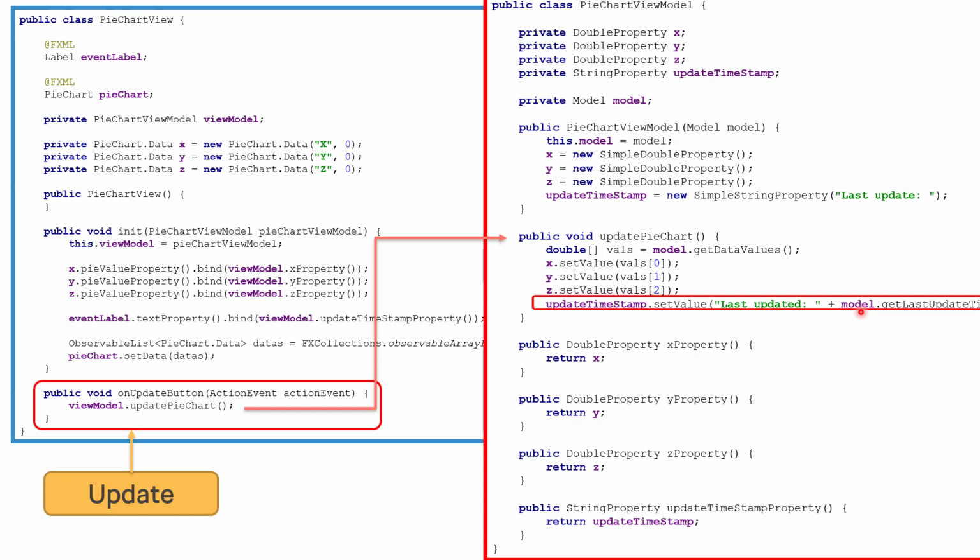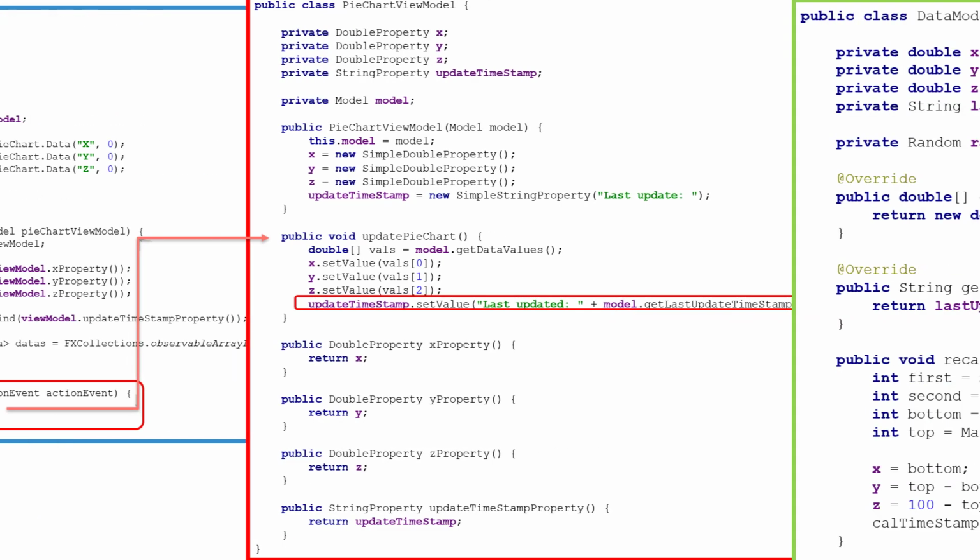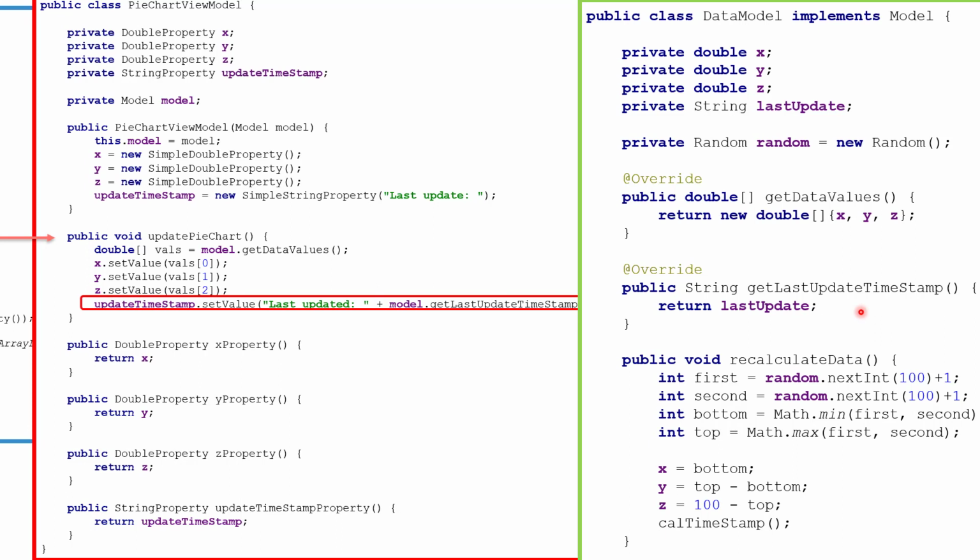So let me just find my model class again here. I call the method get last update timestamp, and I set that into the update timestamp property, my string property up here.